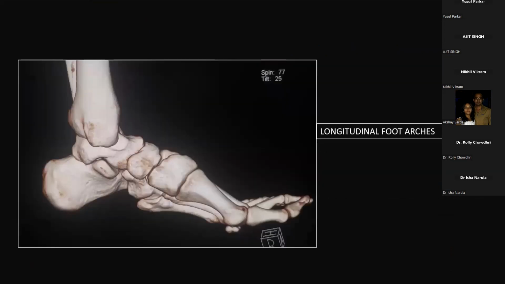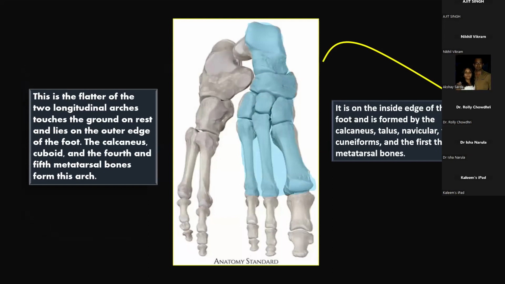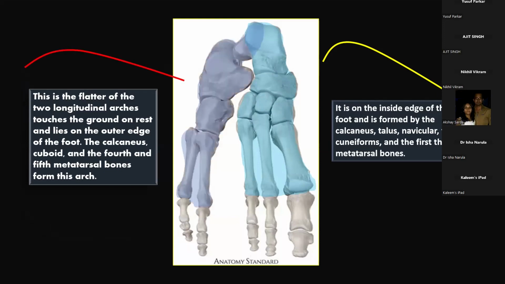The medial arch is the higher one, formed by the calcaneus, talus, navicular, and three cuneiform bones. The lateral arch is flatter. It consists of the calcaneus, cuboid, and the fourth and fifth metatarsal bones.